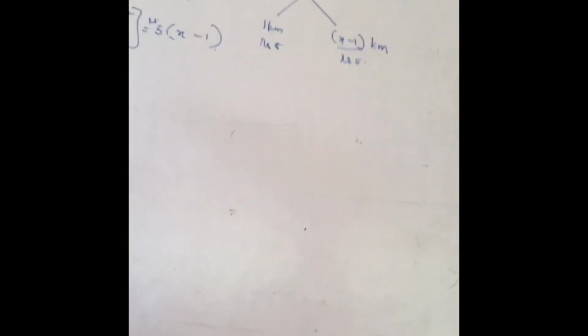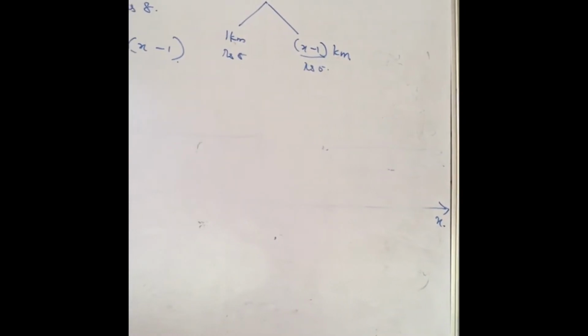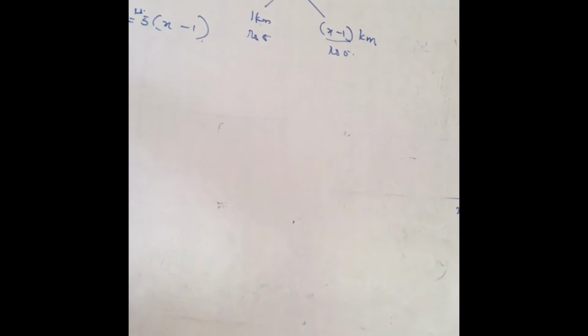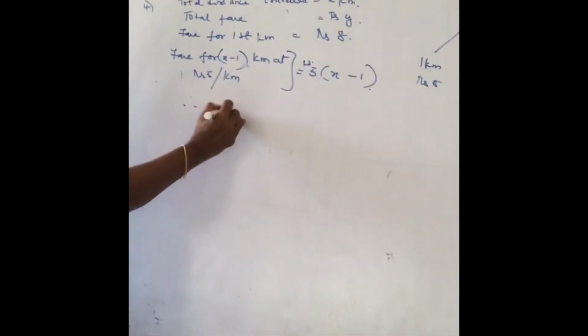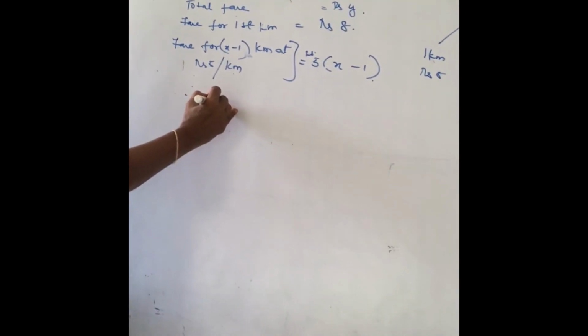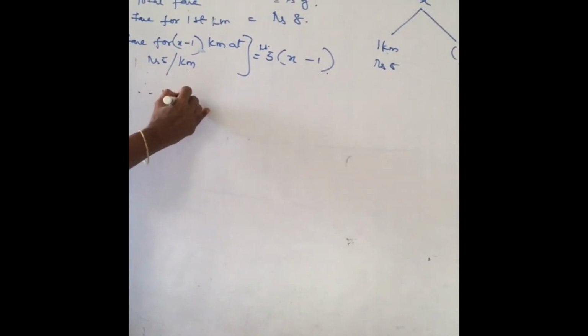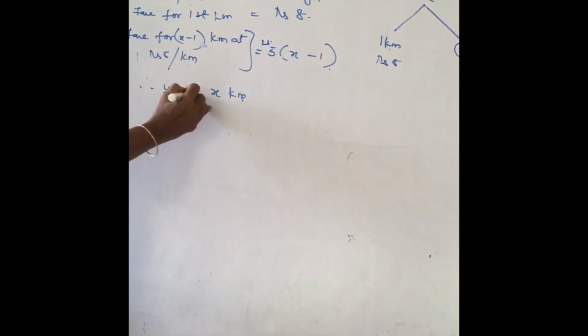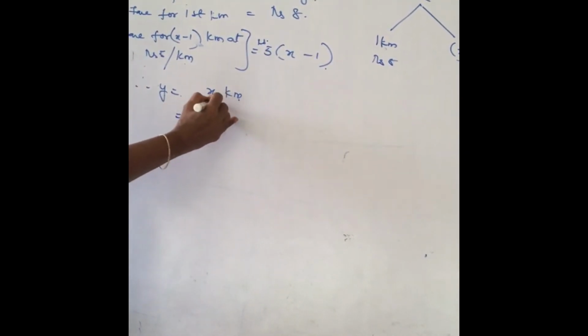Yes? Now see, distance travelled is x. The fare is rupees y. So what you will do? The total fare, the money you are going to pay is what? Y rupees is paid for x kilometers.